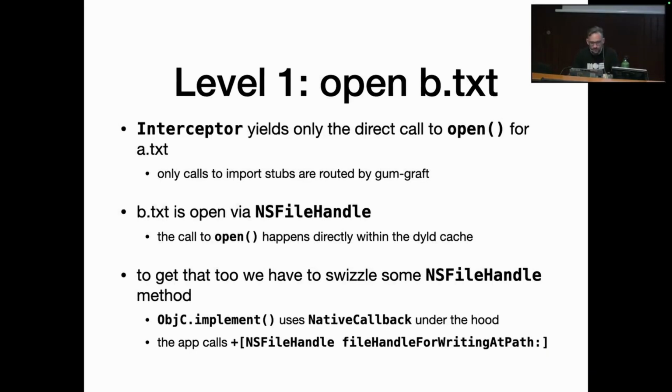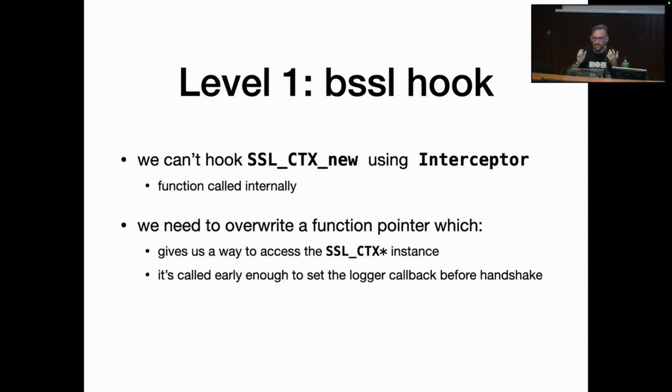For SSL, it's a bit more complex. The problem is the same. We had a hook with interceptor on SSL_CTX_new in order to get the pointer to the SSL_CTX instance we want to set the keylog callback on, but this one is not going to work for the same reason.